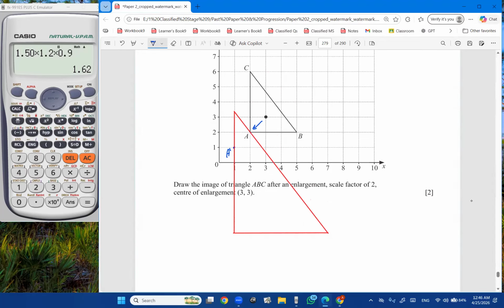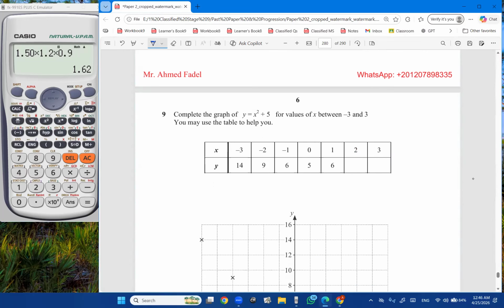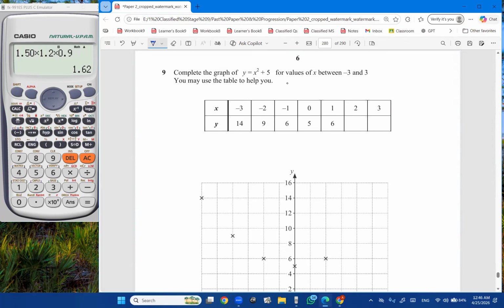Let's continue. After I erase this, complete the graph of y equals x squared plus 5. Here, squaring the 2 is going to give you a 4, plus 5 is going to give you a 9. And squaring the 3 is going to give you a 9, plus 5 is going to give you 14.